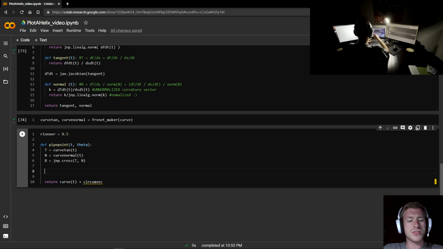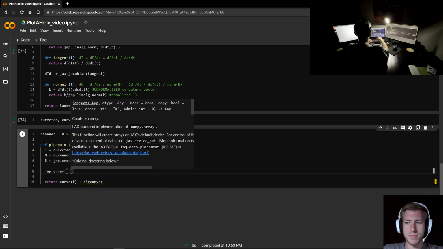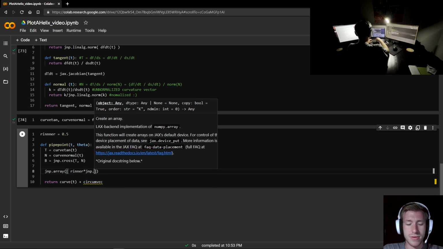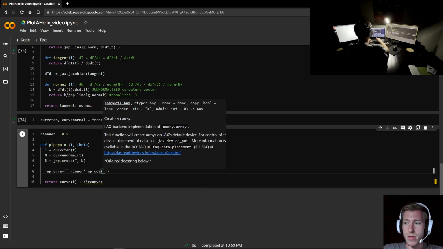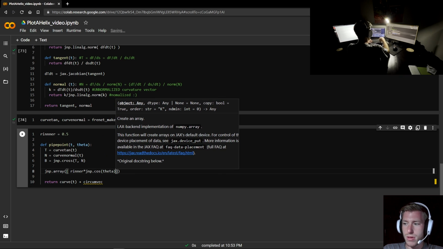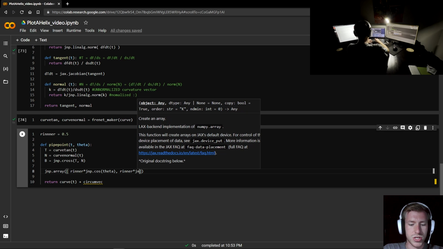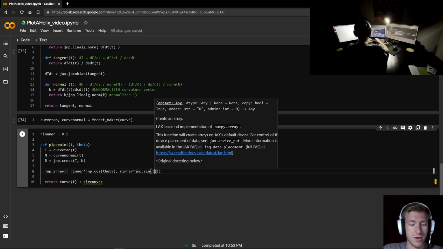I'm just going to draw the array first. So it's going to be jnp.array, brackets, and we're going to do our x first. That's just rinner times jnp.cos of theta, followed by rinner times jnp.sin of theta.